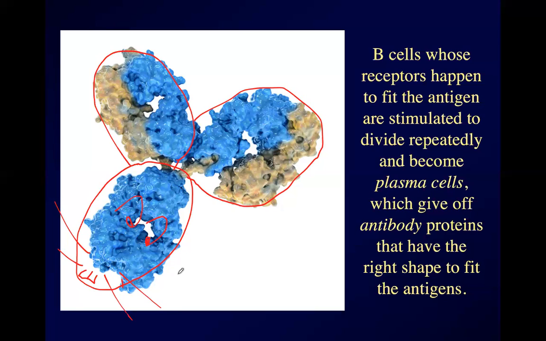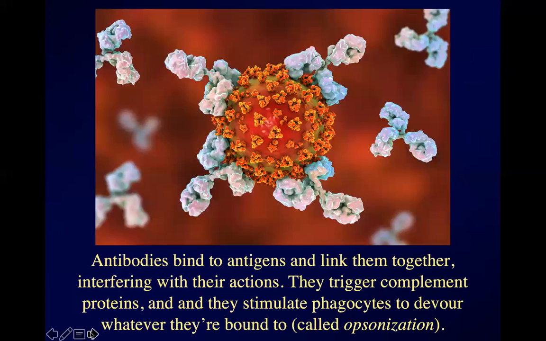Every B cell has a particular shaped receptor that's created by this random shuffling of certain genes. And each B cell can produce antibodies that look like that B cell's receptors. So when a B cell finds an antigen that fits into its own receptors, that B cell starts cranking out antibodies that also will fit onto the antigens, physically fit onto them like a key fitting a lock.